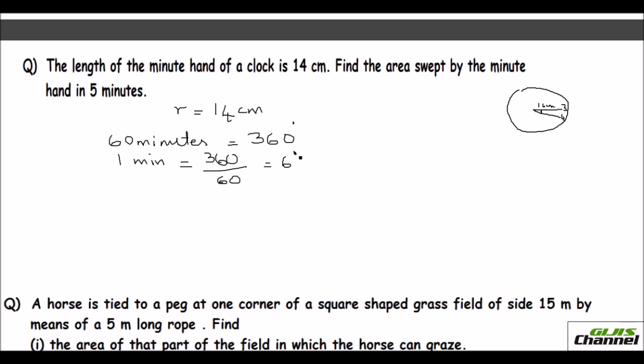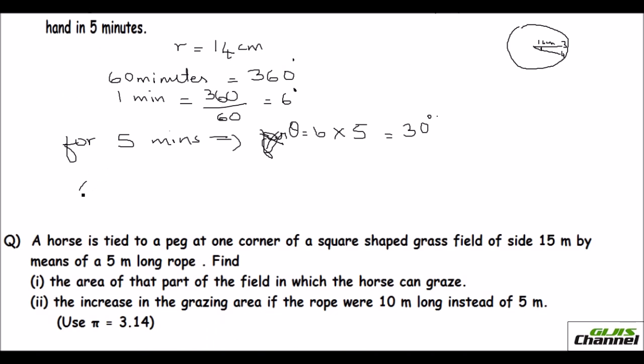So 1 minute is 6 degrees, but here you have 5 minutes, right? For 1 minute it is 6 degrees, so 6 times 5, that is going to be 30 degrees. Okay. So we got the angle now. So the theta is equal to 30 degrees.